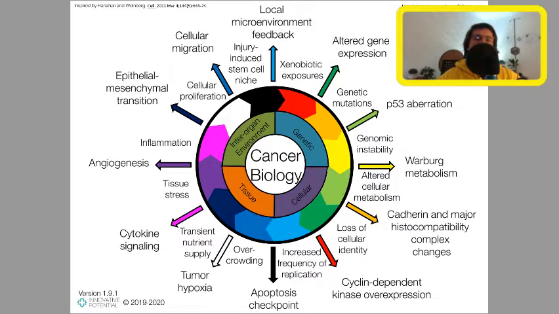P53 aberration is an important one because it's a major cell cycle suppressor, and basically if there's going to be something wrong, P53 is the check on a dividing cell. So when the cell divides, the division is carrying a mutation that promotes additional divisions.